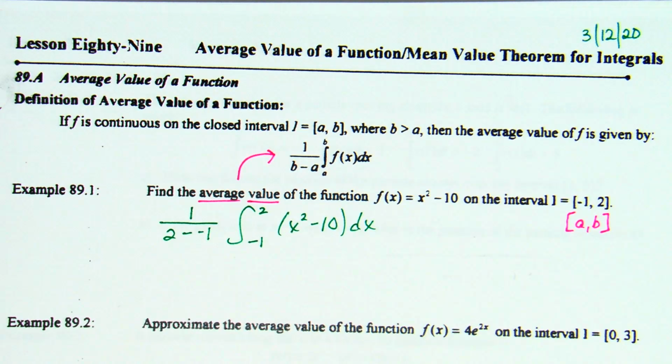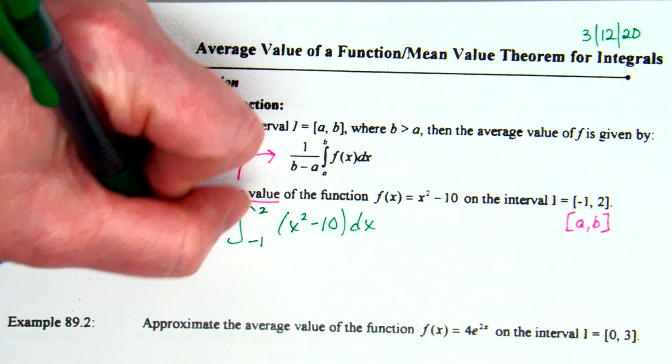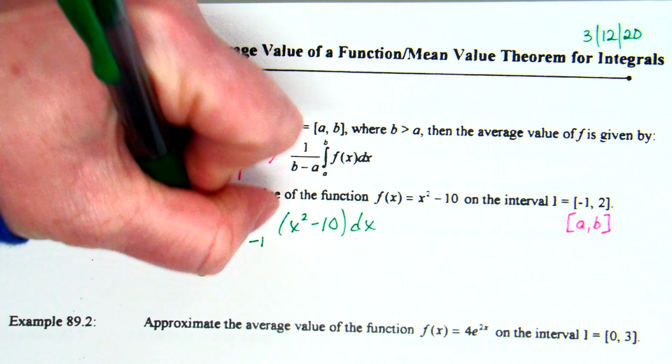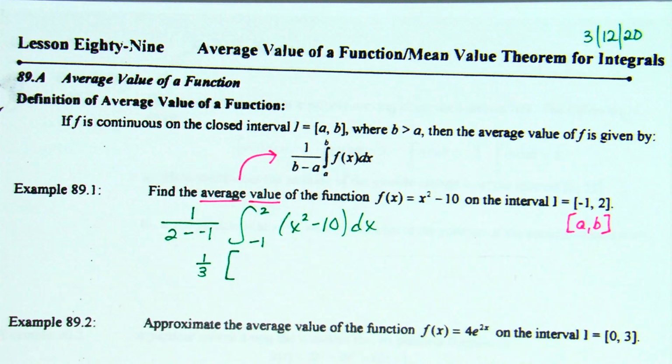First of all, if you didn't already clean that up out front, this is 1/3 times the integral of x squared, x to the third over 3. Yeah, 1/3 x cubed. So integral, we're going up in powers: add 1 to the power, divide by the new power.